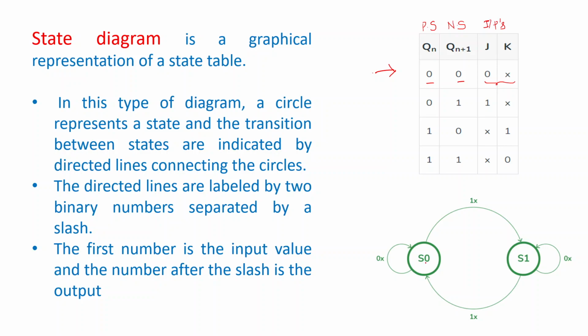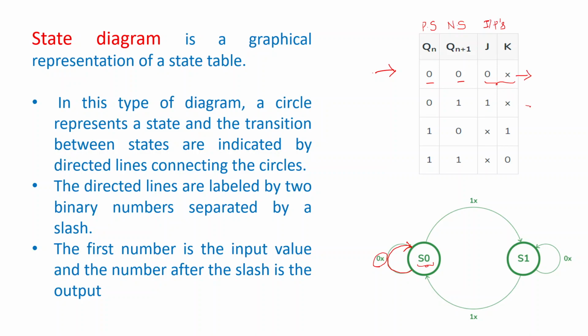So here this is the graphical representation of the excitation table of JK flip-flop. Present state is S0, state 0, and for flip-flop inputs 0, don't care, it remains in the same state. So this is representing the first row.